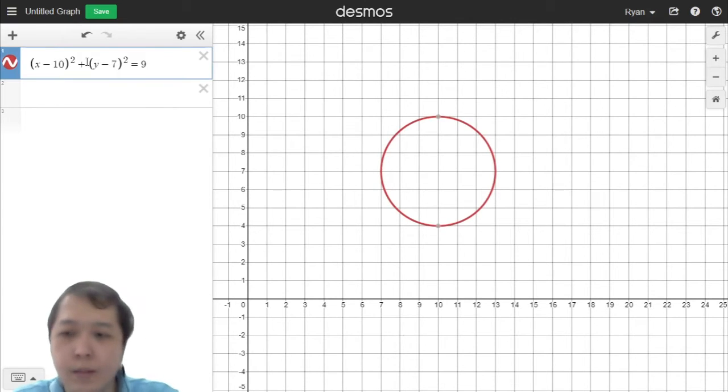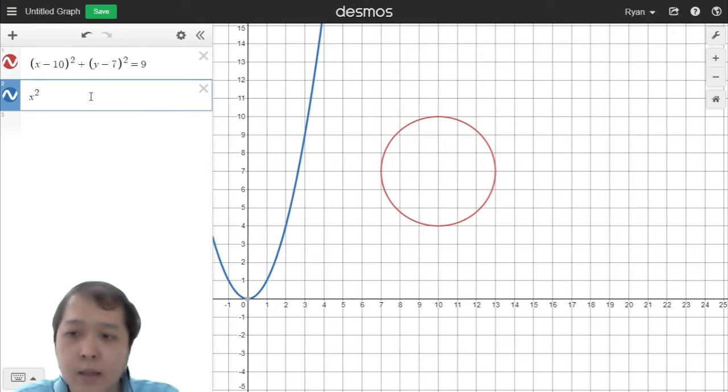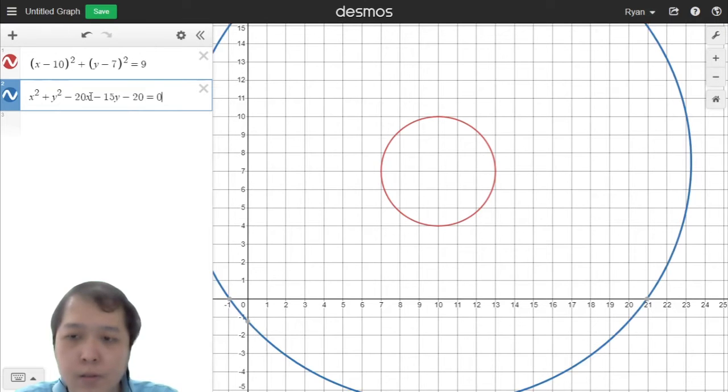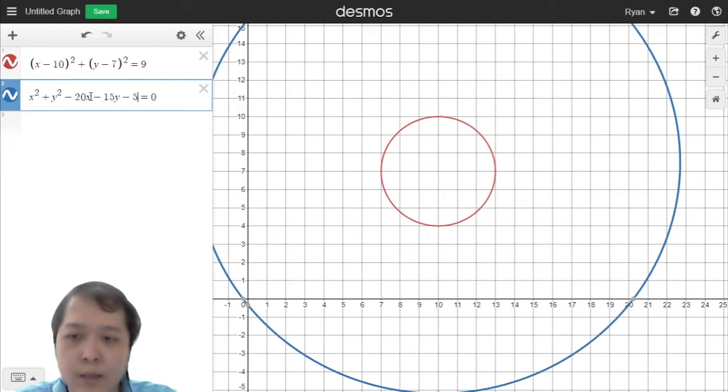Of course we can also write something like this, a equals to 0. That's too big.